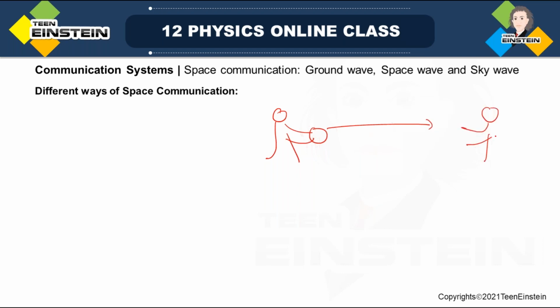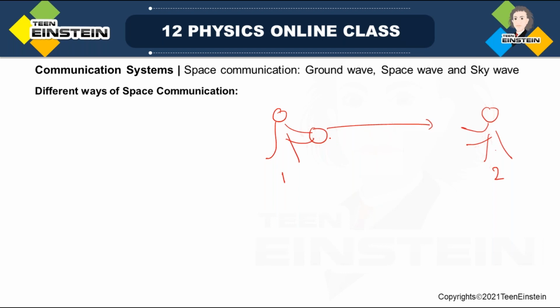So this play can happen, like this ball can be transmitted to this person. So this is person 1 and this is person 2. So the ball can be transmitted from person 1 to person 2 by 3 ways.